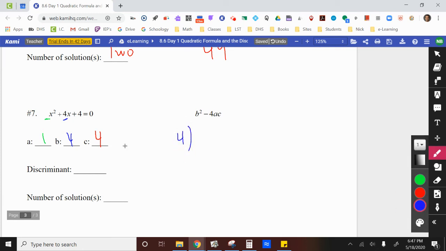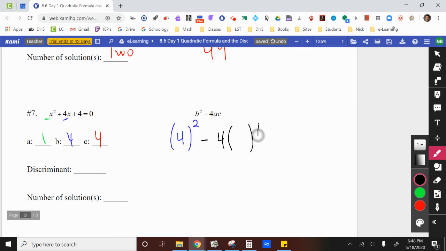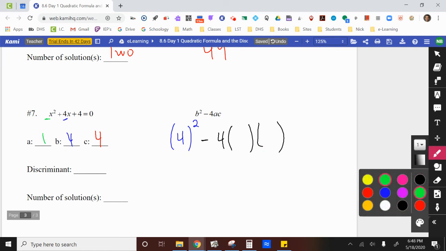So I take my b value, square it, and it's minus 4 times a times c. My a value is 1, and my c value is 4.